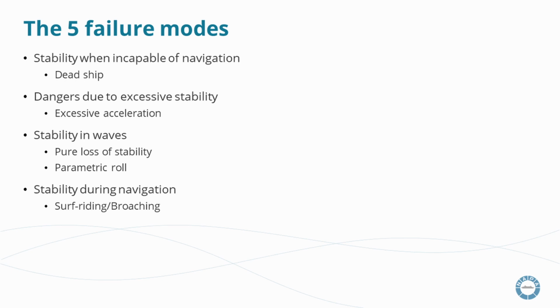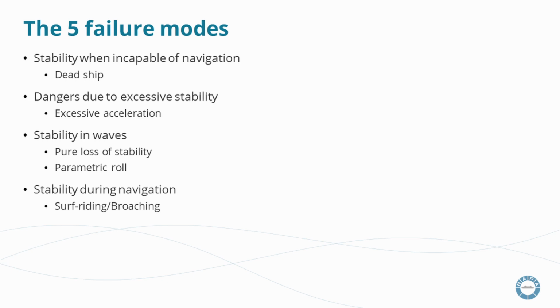The second category is dangers due to excessive stability. Here we have the excessive acceleration failure mode, as sometimes too much stability can also pose a danger, when the motions can become so violent that persons on board no longer can stay in certain locations on the ship safely.